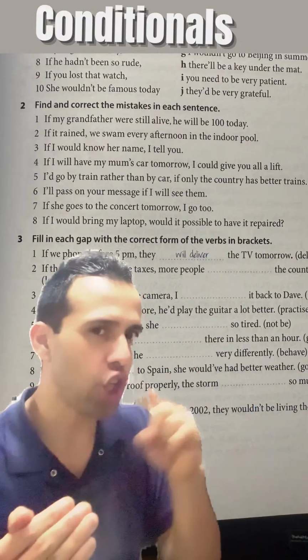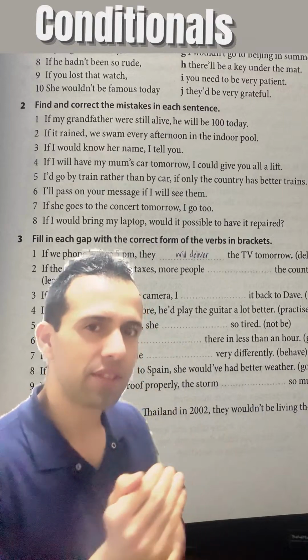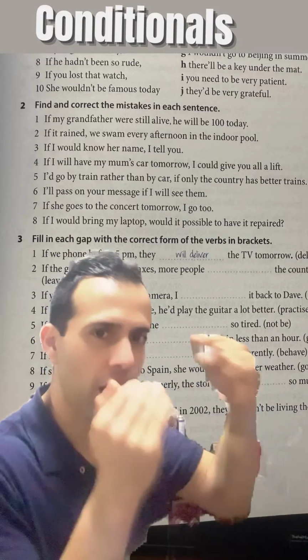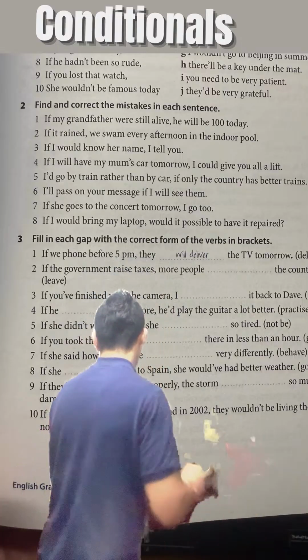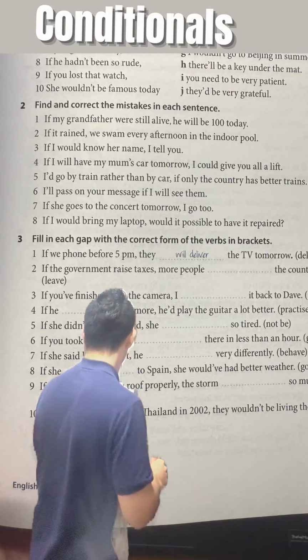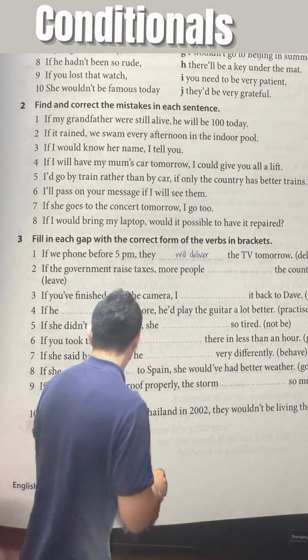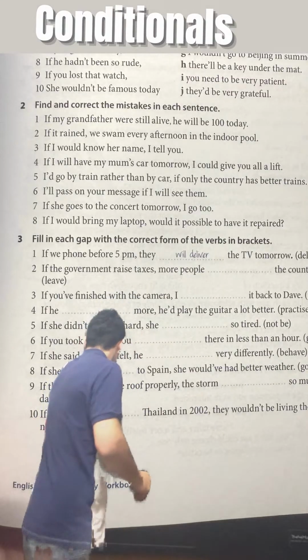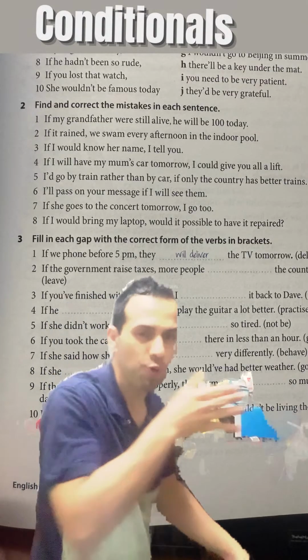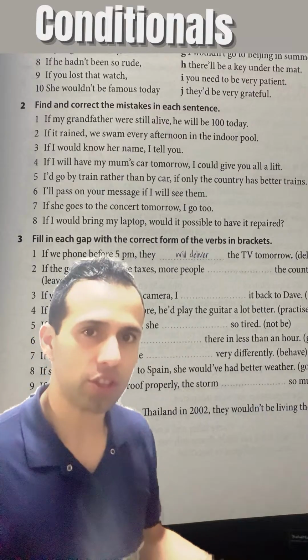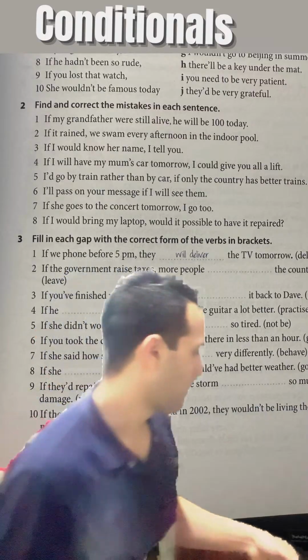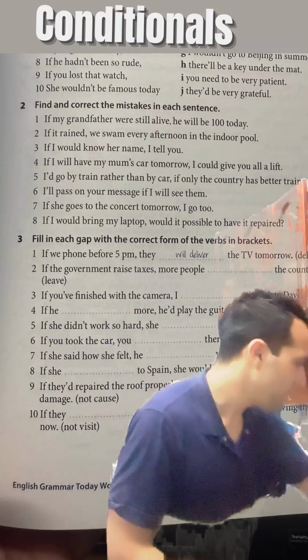W-O-U-L-D, would, not will. Right? He would be 100 today. Will is used in the first conditional, not in the second conditional, okay?